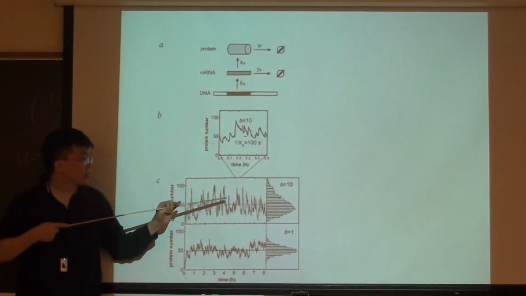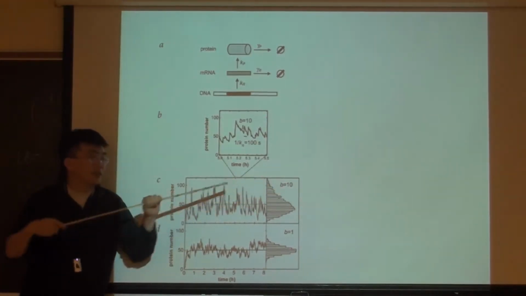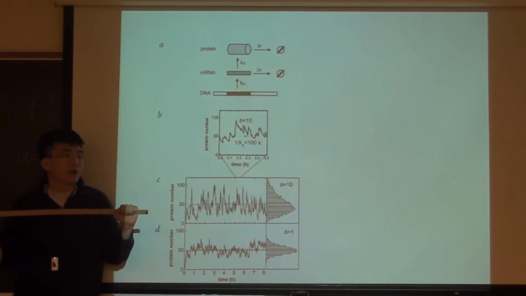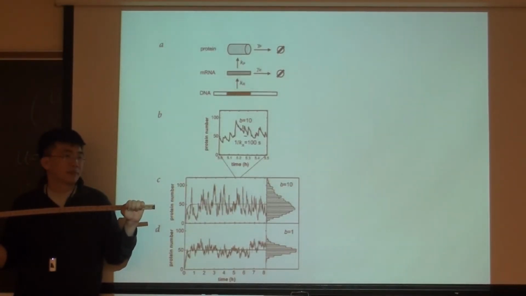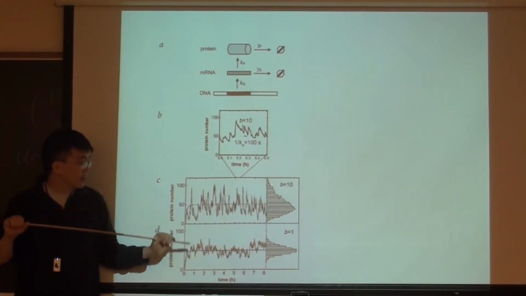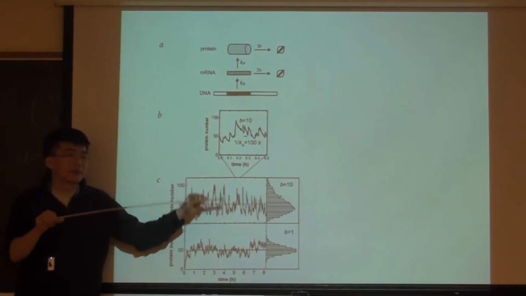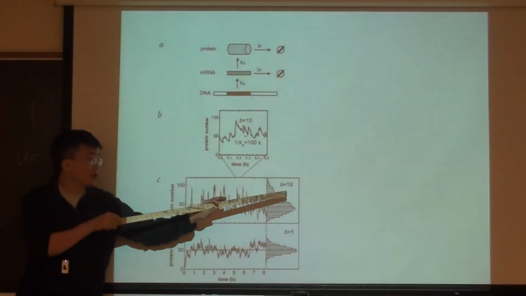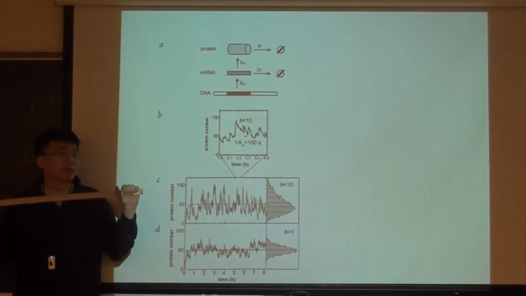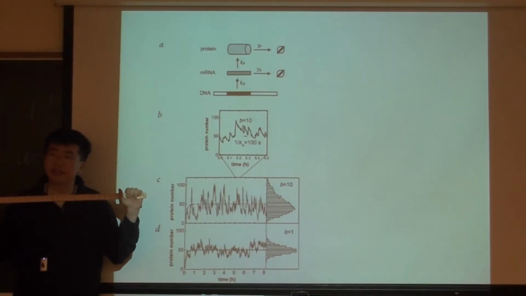Whereas in this top case, B is 10. So you use a parameter so that on average, 10 proteins are made per burst. And you can see that as a function of time, there is a much larger noise, right? When you have a large burst. I mean, intuitively it makes sense, right?